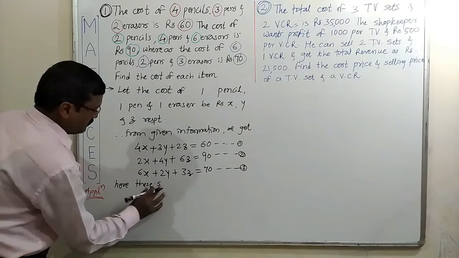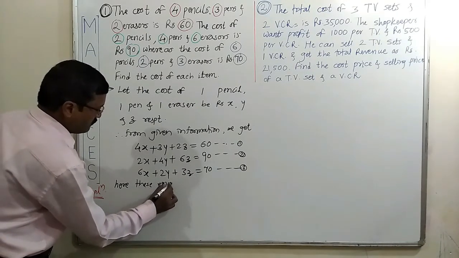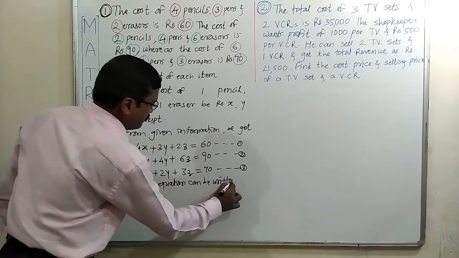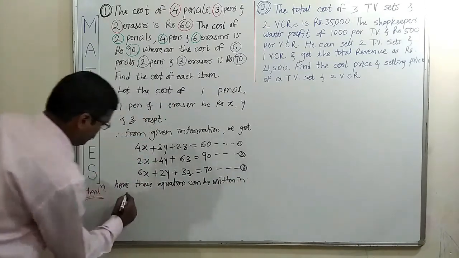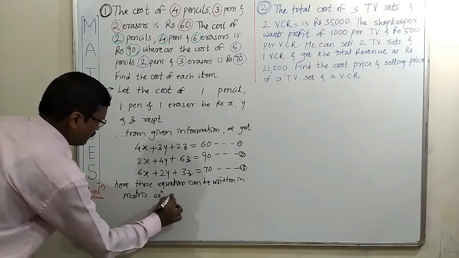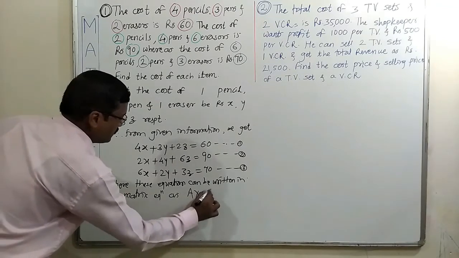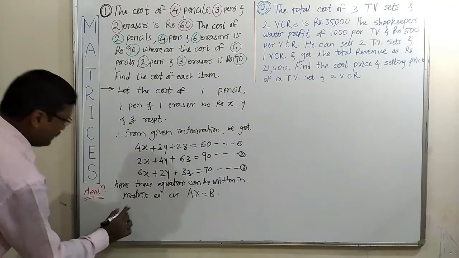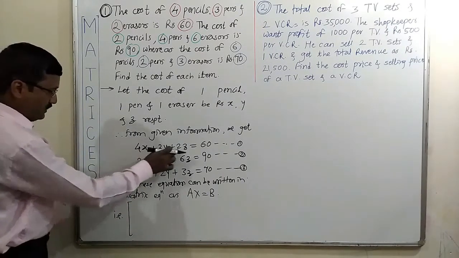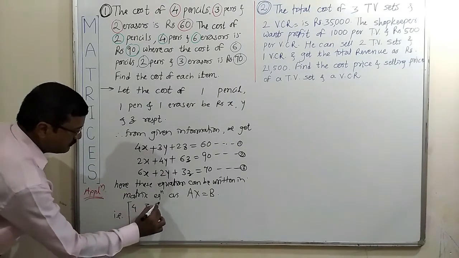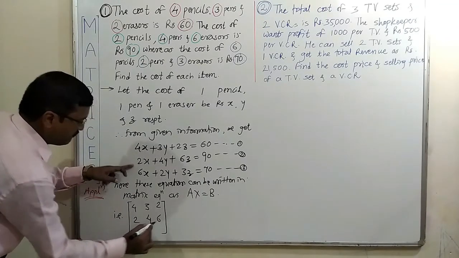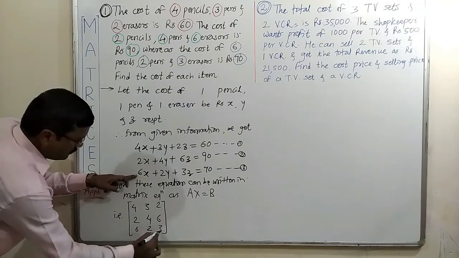These equations can be written in matrix form, in matrix equation, as AX equal to B, and that matrix equation is nothing but the matrix A of coefficients, that is 4, 3, 2, second row 2, 4, 6, third row contains elements 6, 2, 3.